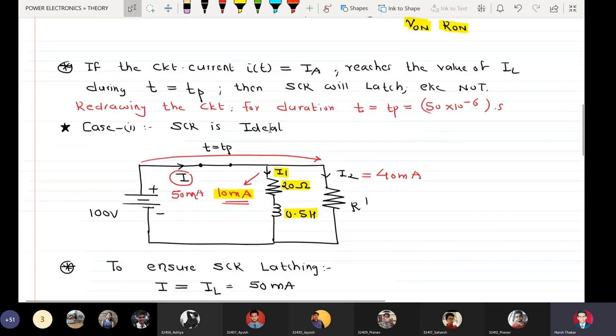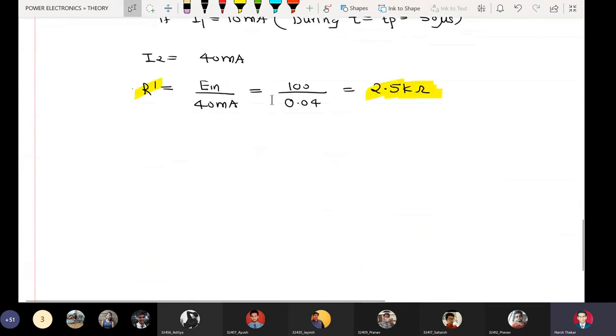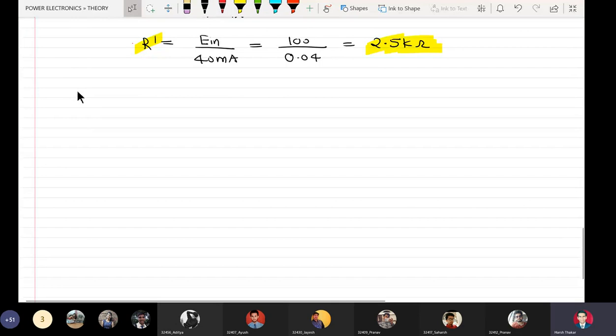Go to case number 2 now. The same kind of calculation, but a little difference is there. SCR is non-ideal.